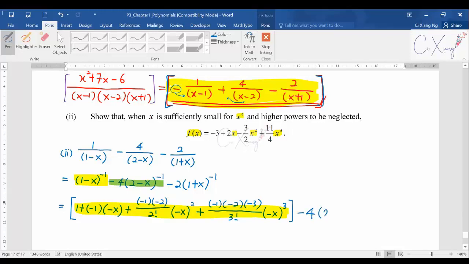You want to take out the 2 from the bracket, following with the power. So inside the bracket now, it becomes 1 minus x over 2, then power negative 1. So this is what we have for green color for now. I haven't expanded yet, but I'm doing the adjustment.